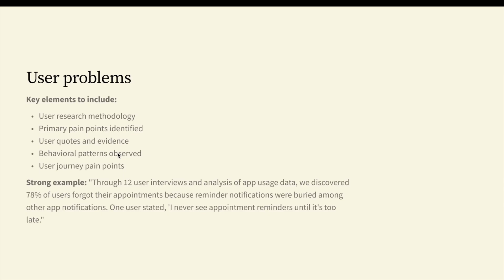So this combines both quantitative data and quotes. For example: through 12 user interviews and analysis of app usage data, we discovered 78% of users forgot their appointments because reminder notifications were buried among other app notifications. One user stated, "I never see appointment reminders until it's too late."